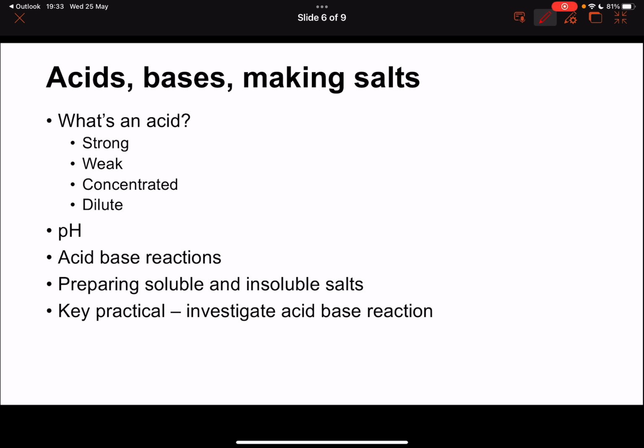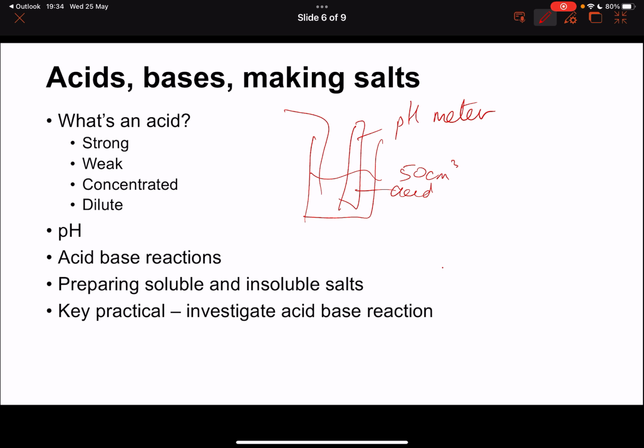All we're doing is taking a beaker of acid, let's say 50 cubic centimeters. We can measure its pH two ways: either a pH meter or universal indicator paper. We add approximately 0.3 grams of a base like calcium oxide each time. We stir and we measure pH.